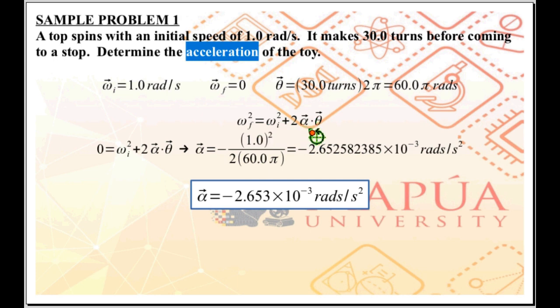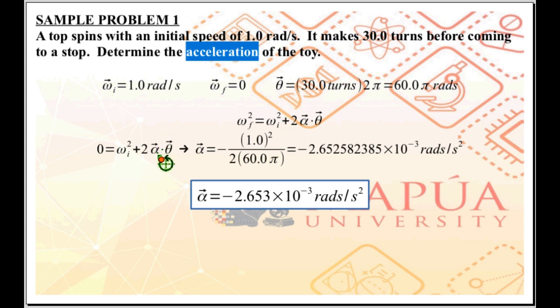We are looking for alpha, the acceleration, in this case, angular acceleration of the toy. We know the final angular velocity to be 0, so omega final squared is just equal to 0. We know omega initial, and we know theta.